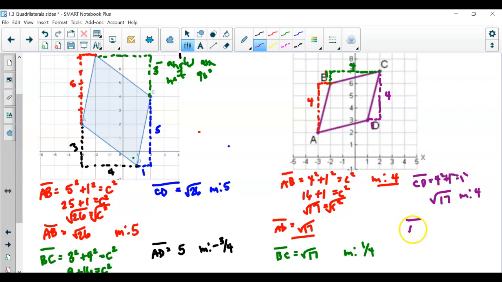Same thing for AB. You should have also identified that this was also the square root of 17 because the side lengths are 1 and 4. So here you've got the 1 and 4.